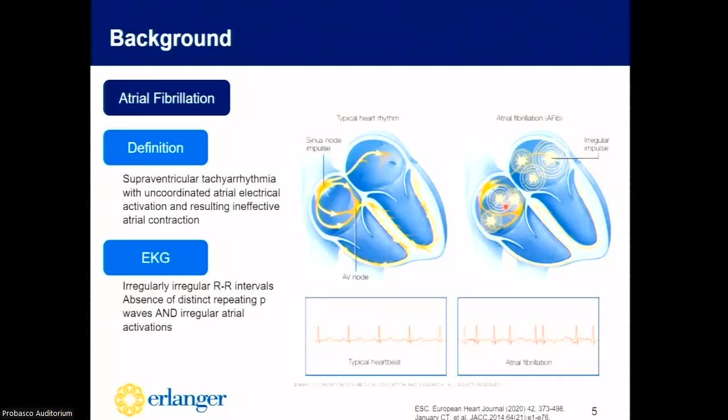When you have these uncoordinated electrical signals in the atria, it prevents your atria from contracting effectively. So it diminishes blood flow from the atria to the ventricle, and it can also cause other complications as far as signaling from the atria to the ventricle.